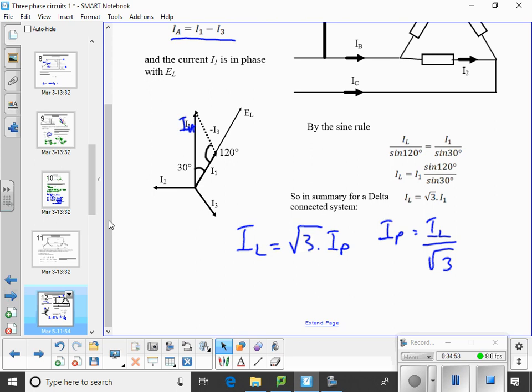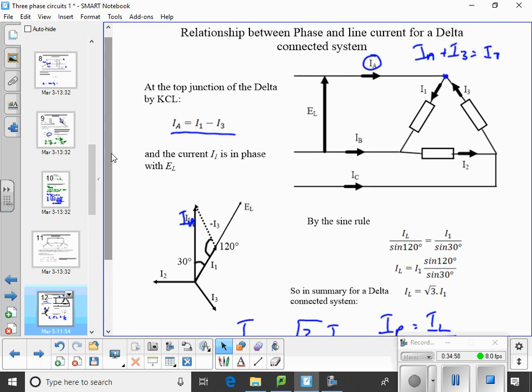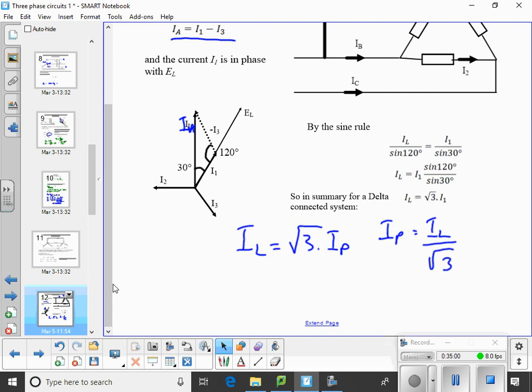Yeah, I have gone a bit funny here because yes, I1, but it's any one of the. You have to be a bit careful here because there's 3 different line currents and there's 3 different phase currents. Each one of the line currents is equal to √3 times the phase current. Yeah.